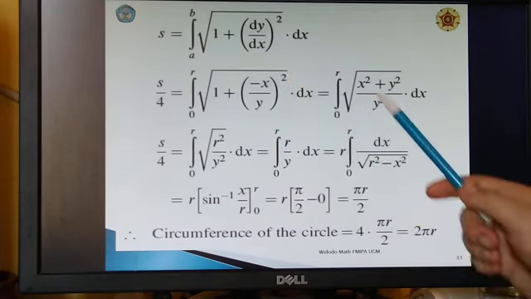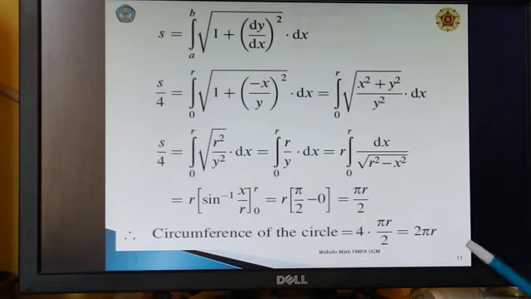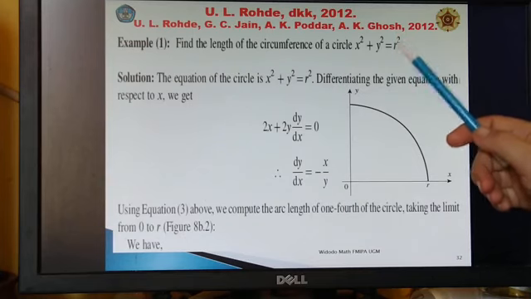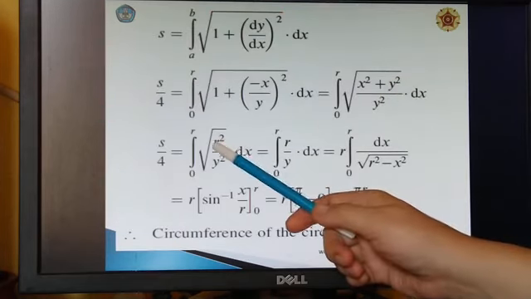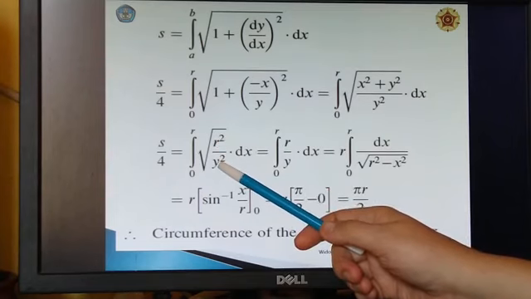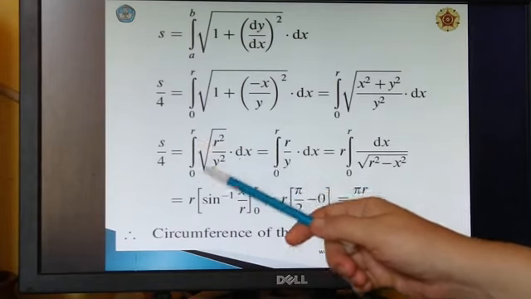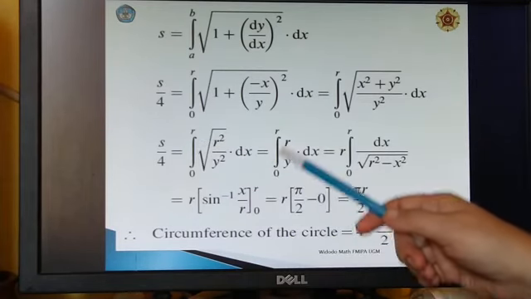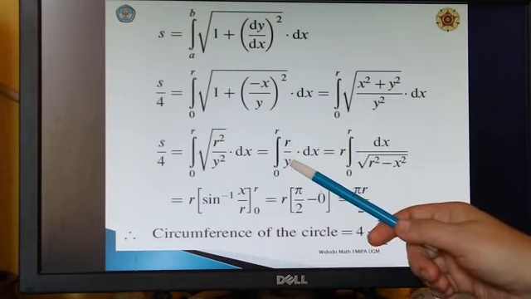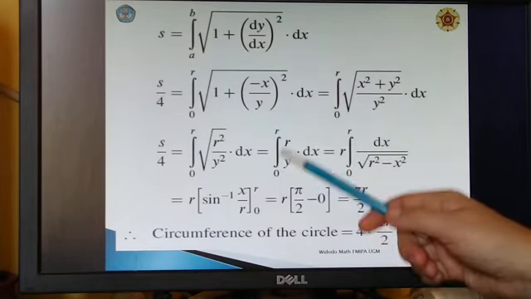Okay, because x square plus y square is equal to r square, we can replace this one by r square. So this is r square divided by y square. So altogether, if we take the root, then we have the integral from 0 till r of r divided by y. Why from 0 to r?